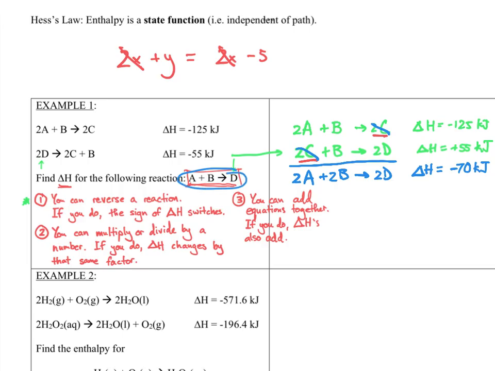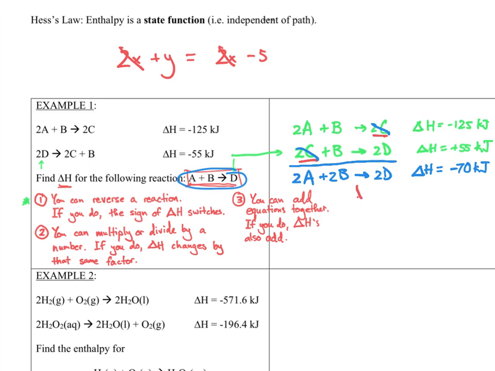Okay, well, that's where we end up with our use of rule number 2, which is you can multiply or divide by a number. Conveniently, in this case, we've got a factor of 2 present everywhere. And so what I can do is I can divide both sides of the equation by 2.